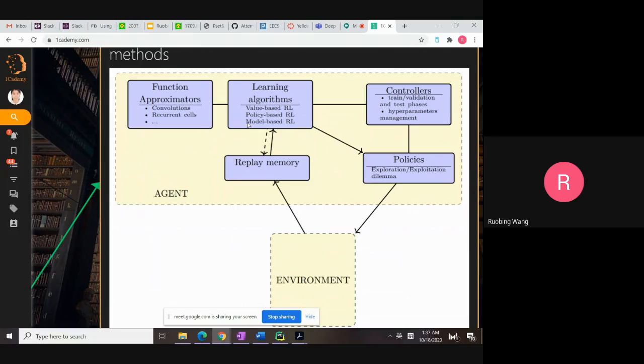In reinforcement learning, we have our agents interact with our environment. And the replay memory and policy act like bridges between these two components. The replay memory is like feedback you get from the environment. The agent can learn from its previous memory, so it can help to speed up the training.